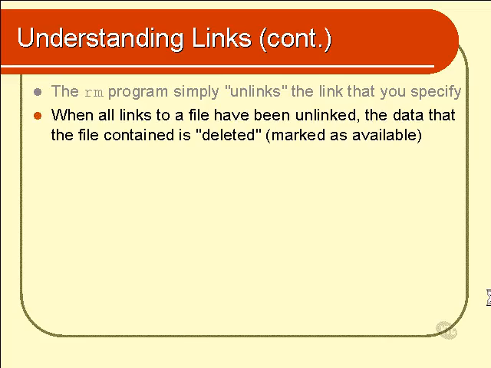So the implication of all of that is that any old file is simply a file that contains one link. If you create a file somehow, perhaps using Vi, it will simply be a file that contains one link. You can create as many links as you like to that original data, and even delete the original link or the original reference or the original name to that data, and the data will still be intact.